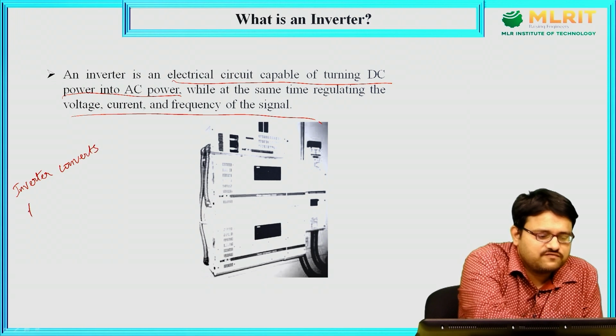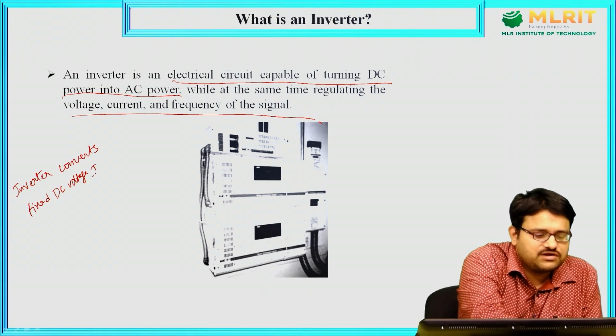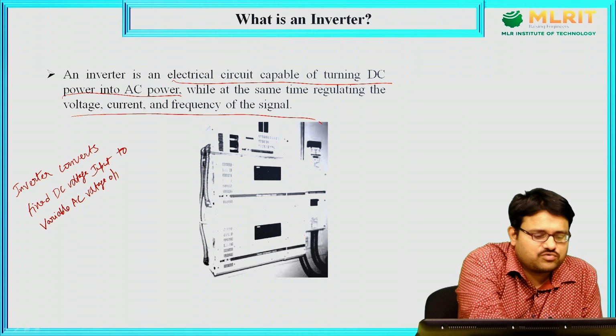An inverter converts fixed DC voltage input to variable AC voltage output, or it can be power also.